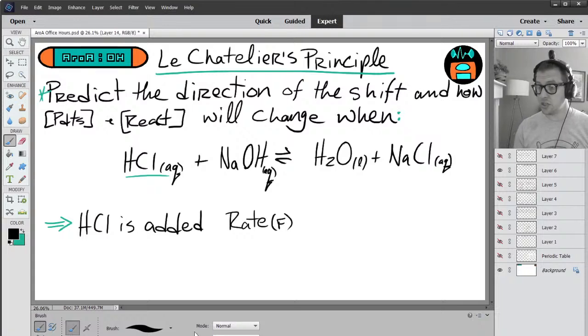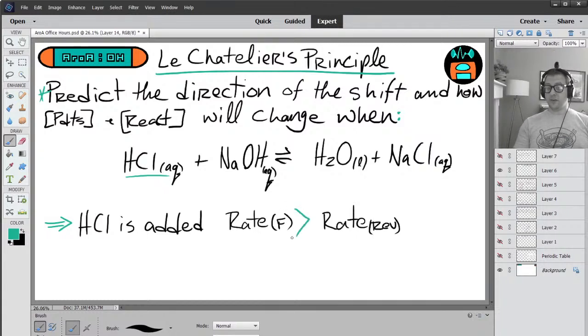If you increase the concentration of HCl, there's going to be more collisions on the reactant side, so that is going to increase the rate of the forward reaction so that temporarily it will be greater than the rate of the reverse.